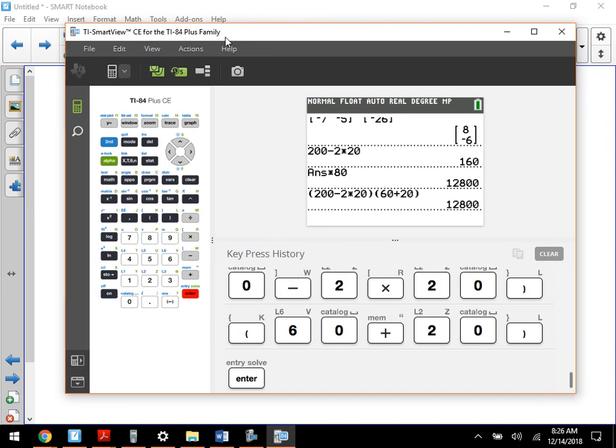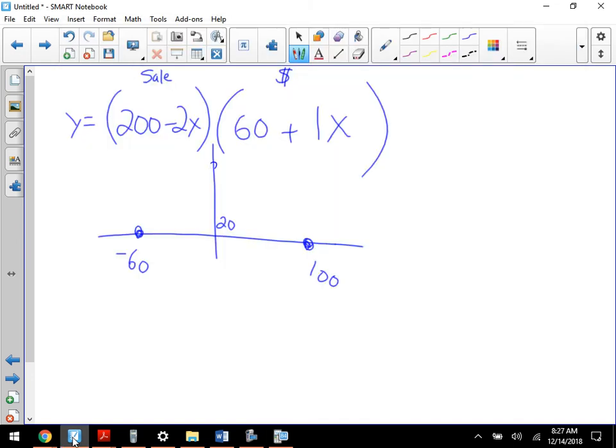Yeah, I did it right. So my y value would have been 12,800. This would have been my maximum.